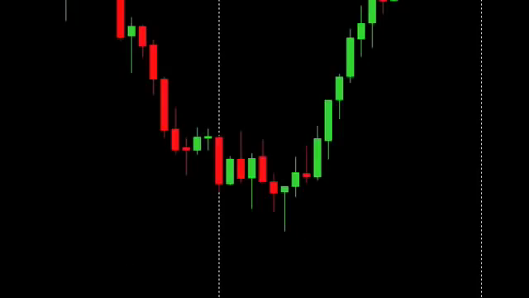So let's learn the correct usage of a candlestick. If we're trading candlesticks, just straight off the candlesticks, which are the only predictive tool out there for the markets, then we need to learn how to use those correctly.